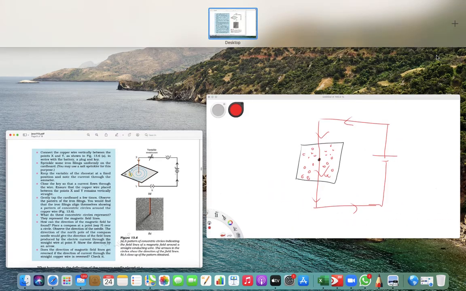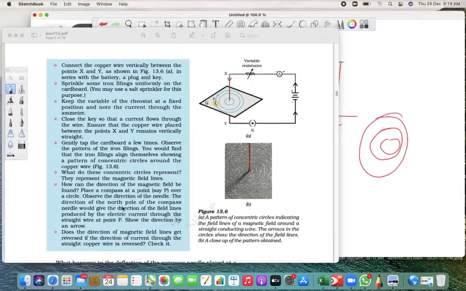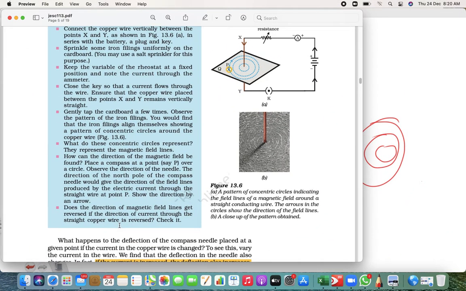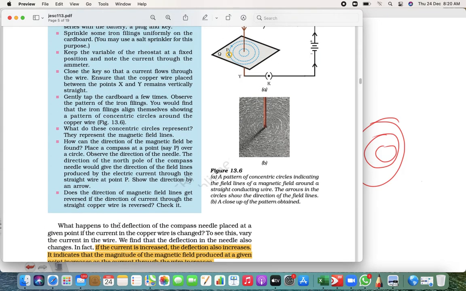Now you know what concentric circles are. It looks like this. So a current carrying wire produces a magnetic field in the form of concentric circles around that particular point.